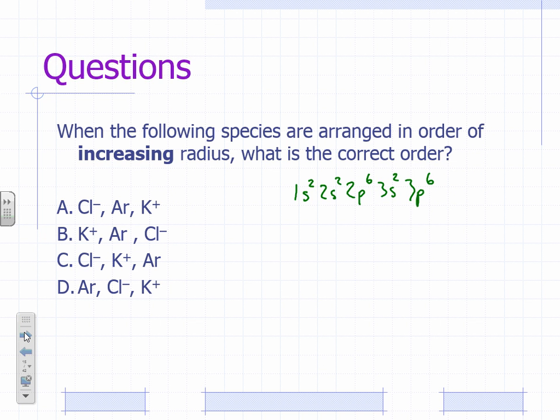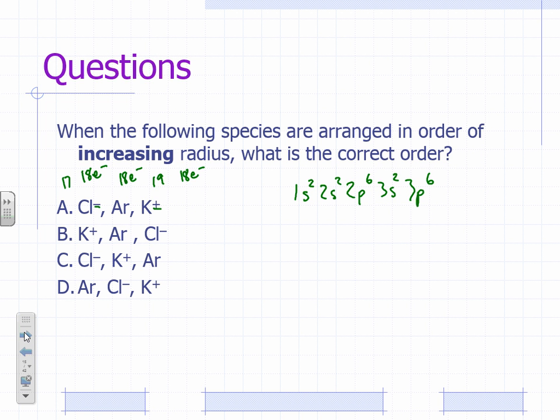Okay, it's element number 18, and that's its configuration. Potassium is element number 19, but it's lost an electron, so it has 18 electrons now. Chloride is element number 17. It's gained an electron, so now it has 18 electrons.